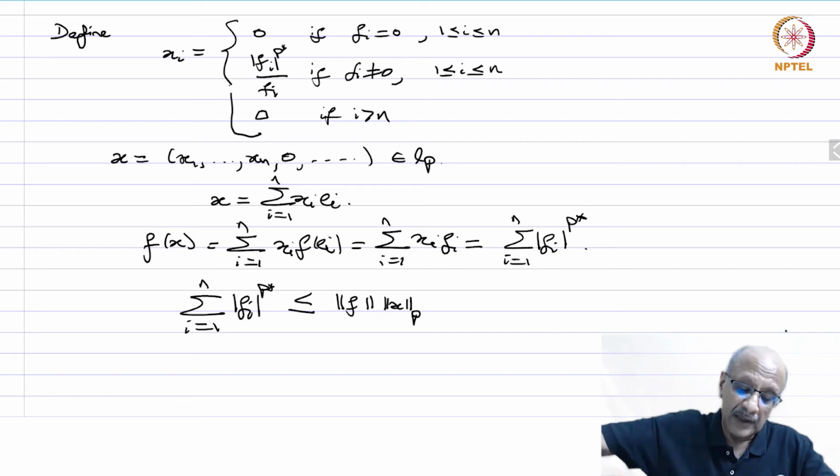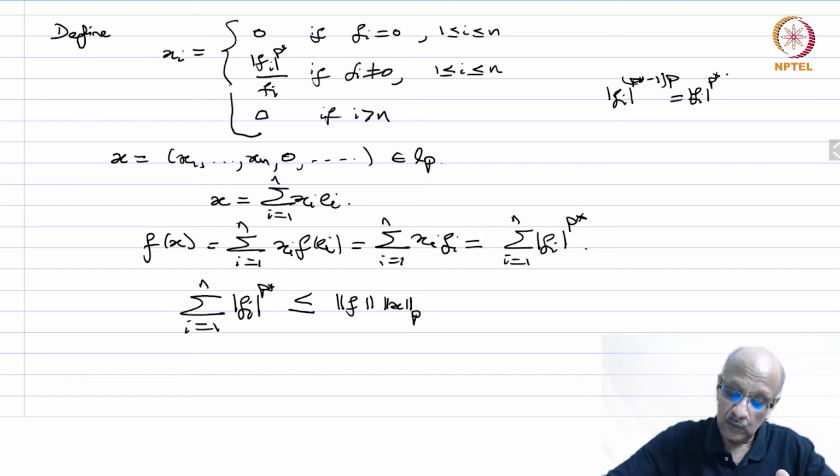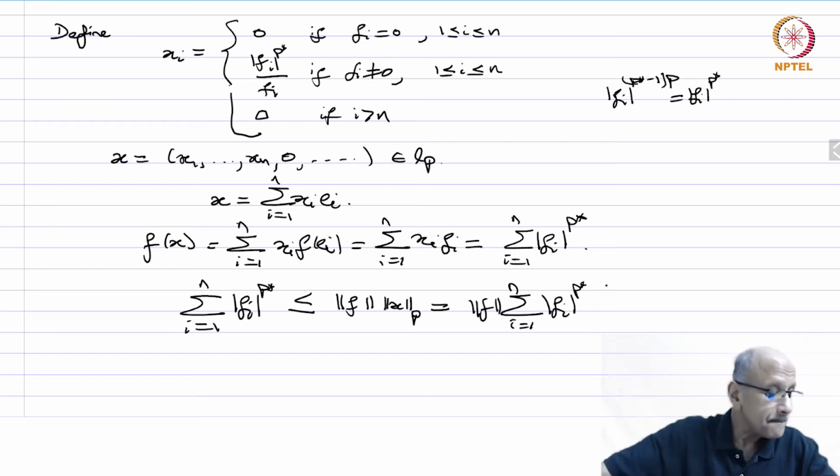If you take the modulus and take the pth power, then you get mod fi to the p star minus 1, that is what you get when you take the modulus, times power p, and p star minus p is nothing but mod fi to the p star, by definition 1 by p plus 1 by p star equal to 1, and therefore this is equal to norm f into sigma i equals 1 to n mod fi to the p star whole power 1 by p.